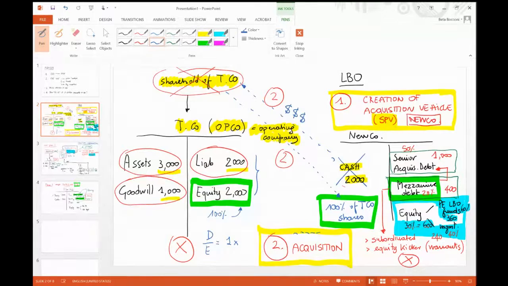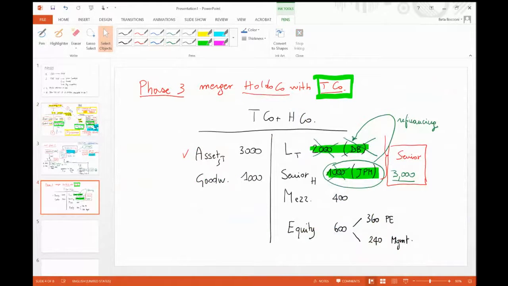Okay. If you look at the situation at the end of phase 3, and we consider MES as a quasi-equity, so we calculate the ratio of debt over equity plus MES, you can see that the debt now is 3,000 and the equity plus MES is 1,000.